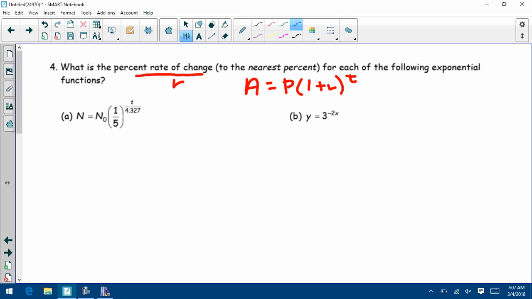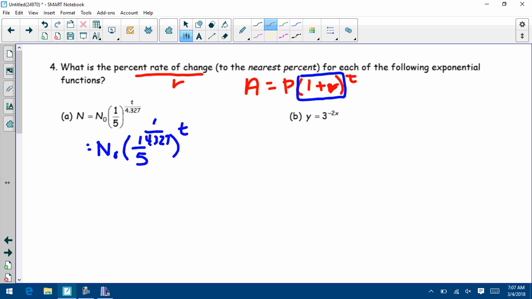Remember, I'm looking for what's the base that's being raised to the T power. That's an R. What is the base that's being raised to the T power? So I've got to isolate that T. So I have n sub 0 times something all raised to the T. In this case, the something would be 1/5 to the 1 over 4.327.